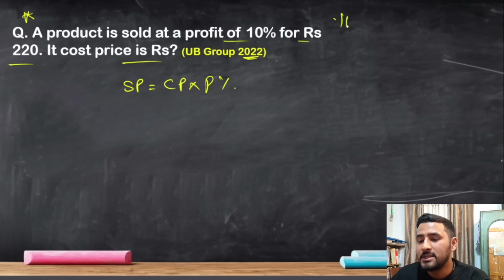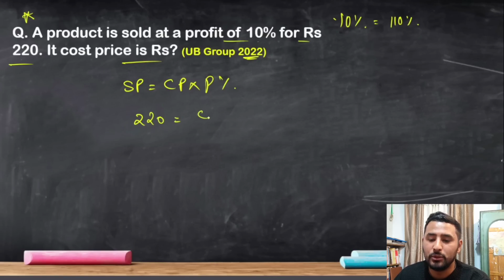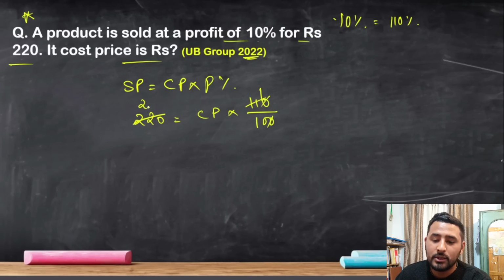Now 10% profit means you can write this as 110%. Clear? So sold at a profit of 10% for rupees 220. So 220 is our SP. CP we don't know. Profit percent is 110 by 100. Cancel this one. 11 1 11, 20.